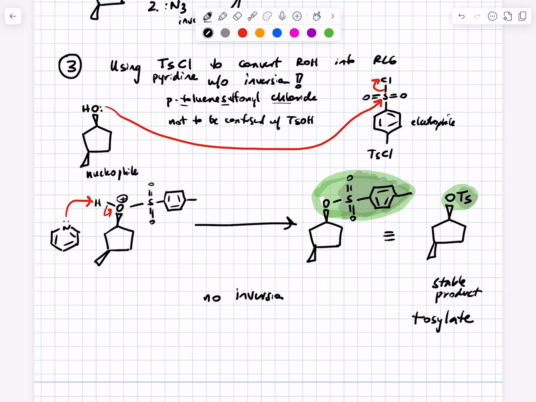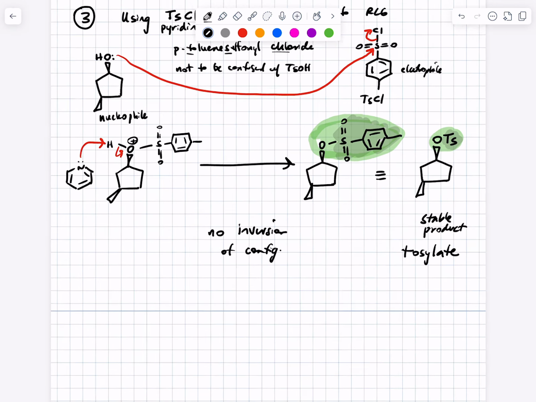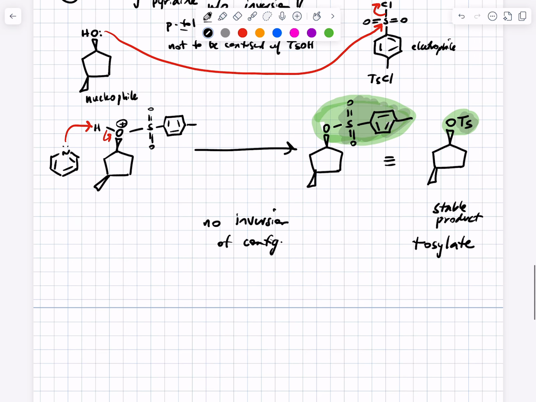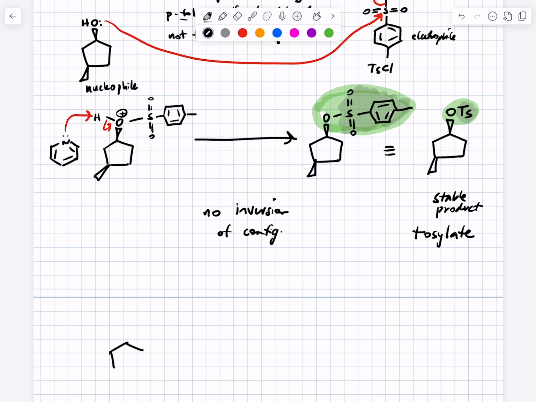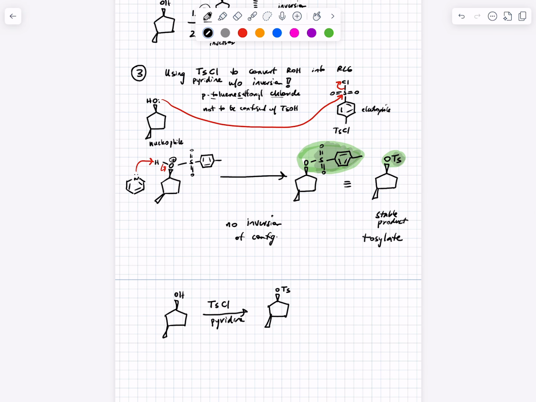and so we can now do the reaction described above. Let me just show you how I drew this mechanism so you'd understand how this reaction works, but I'll just show you how you would write this. TsCl and pyridine gives you the OH now as a good leaving group with no change in stereochemical configuration.